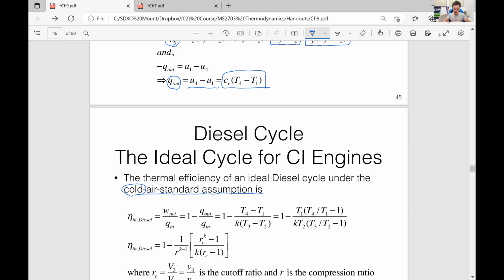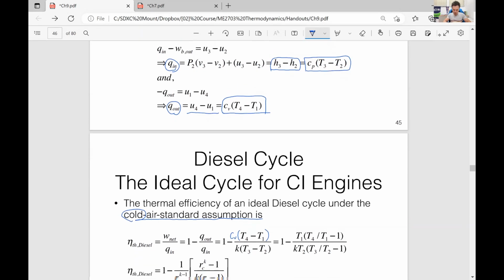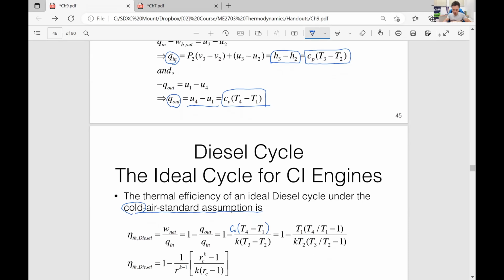So we can write Q out in terms of specific heat and temperature difference, right? So Q out is Cv delta T. Then what about Q in? Q in is Cp delta T.